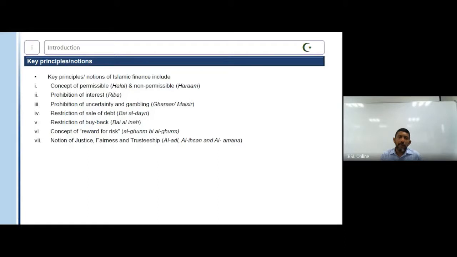So that is broadly the key principles of Islamic finance that we are looking at. When we say Islamic banks are financial intermediaries which operate within the principles of Sharia, these are the principles that we are talking about. So although principles of Sharia sounds like it is something that is done in Saudi Arabia or whatever, these are the basic principles that we are talking about.